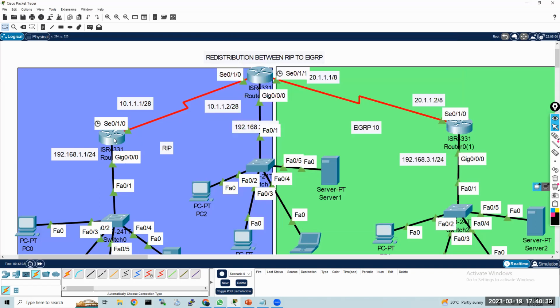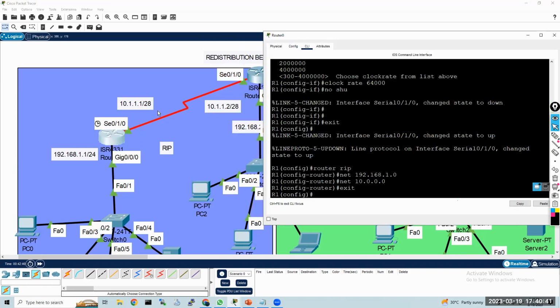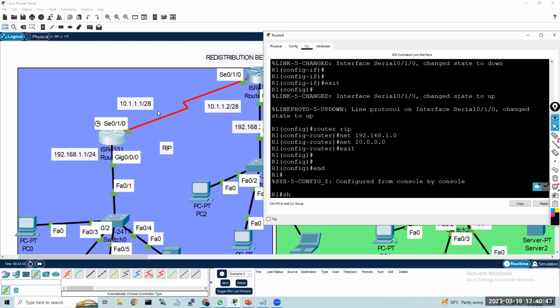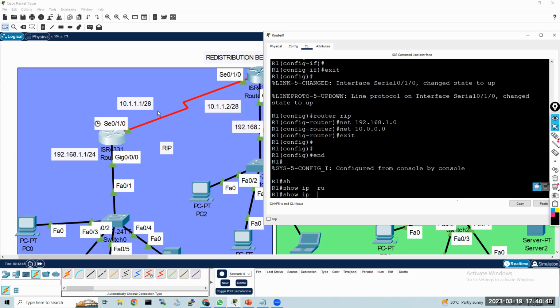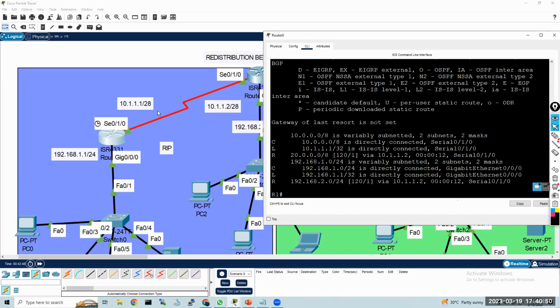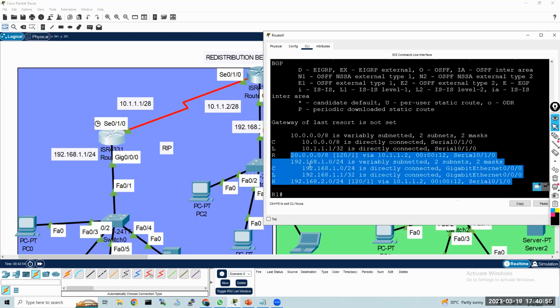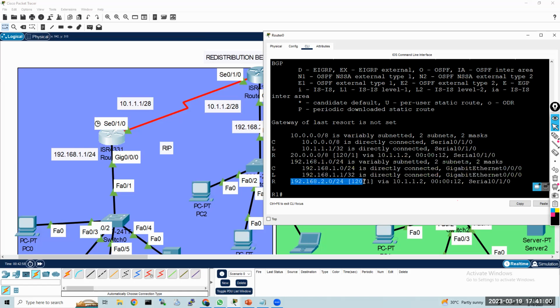Let me check what you configured here. Show IP route. Okay, so you're configured with this network. Fine, no problem, it's working fine. 2 network has learned, right? Yes, 20 network and 2 network has learned.